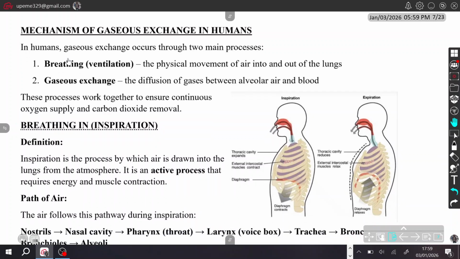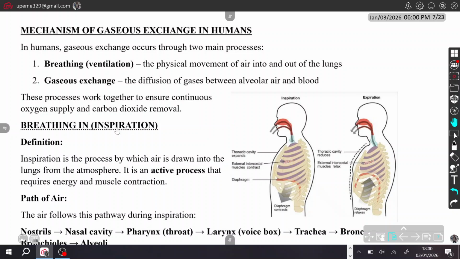So when you are breathing air in and out, oxygen enters and carbon dioxide comes out. Again, when there's gaseous exchange, the diffusion of gases between alveolar air and blood, that also ensures that oxygen enters and reaches the body cells, and carbon dioxide leaves the body cells.